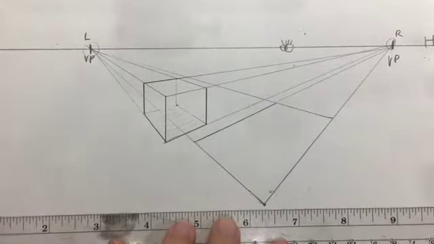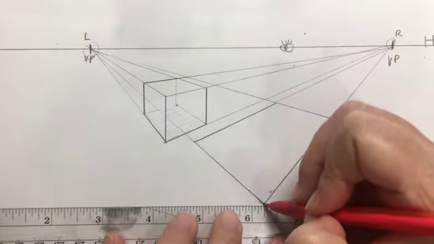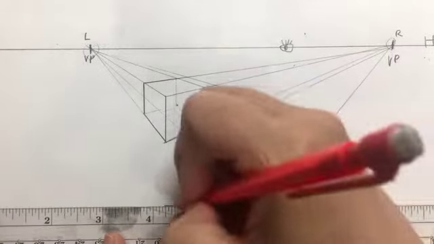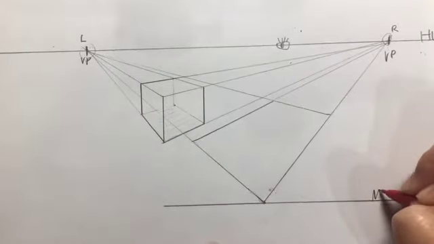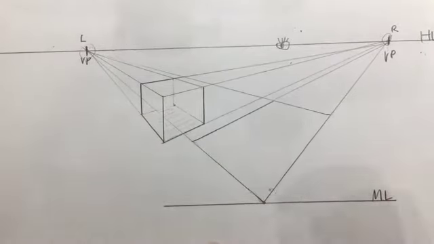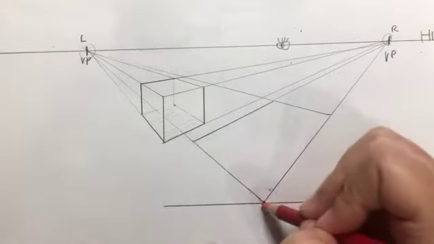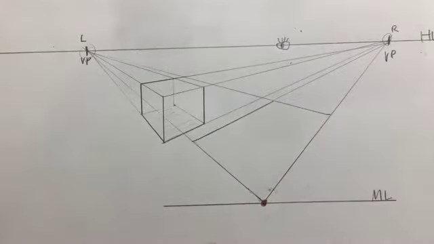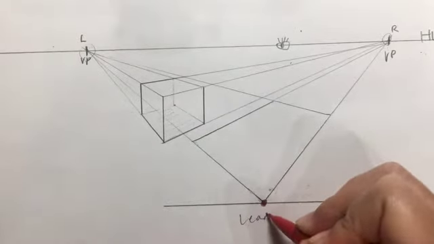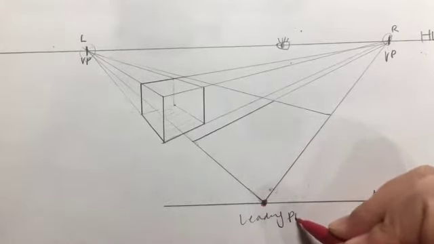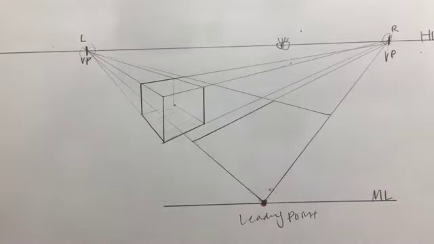So I just have to establish something that is a width that is not distorted. We call it the measurement line. What are the rules? The line has to go through the closest point, the leading point, right here.